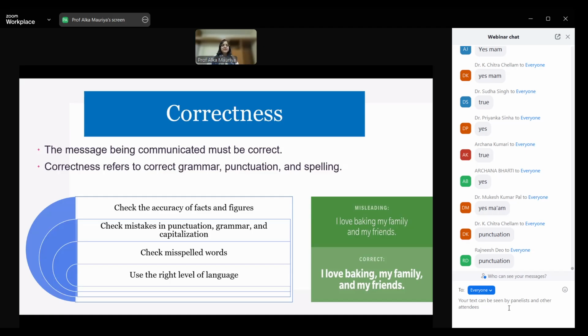But it doesn't mean that you should stop using your brain and blindly trust Grammarly, because at times you have to take a decision as to what is the right format for constructing the sentence. So use appropriate tools to ensure that your document is correct in every way.